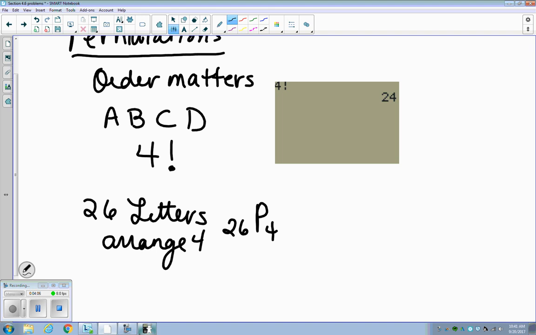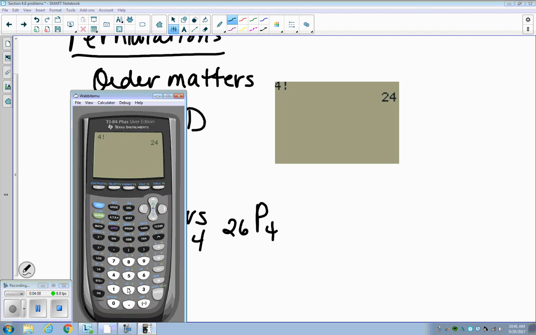So on my calculator, I'm going to first type in 26, that's how many I'm choosing from. Still going to go to math. I'm still going to cursor over to probability. Because it's a permutation, I'm going to choose number 2. It's going to take me right back to the home screen. So I'm choosing from 26, order matters, and I'm choosing 4.